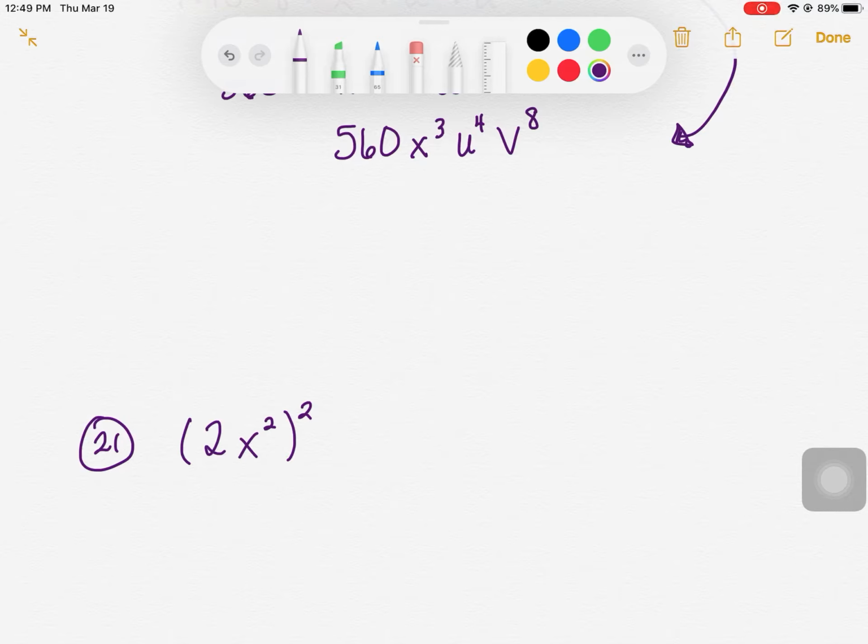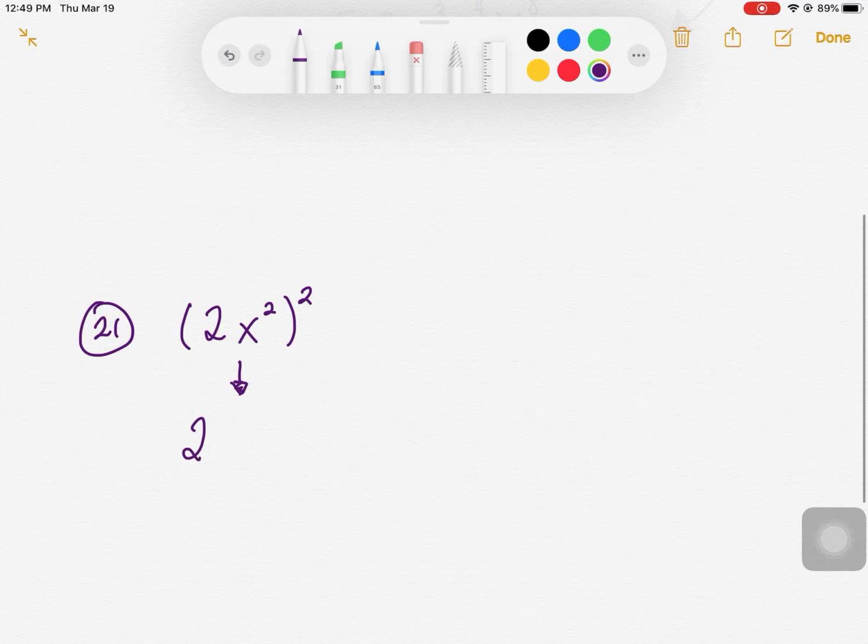24. And 24 looks similar to 21. So really what's happening here is I am taking what's inside the parentheses and I'm squaring it. So I could take this and I could rewrite it like 2x squared times 2x squared.